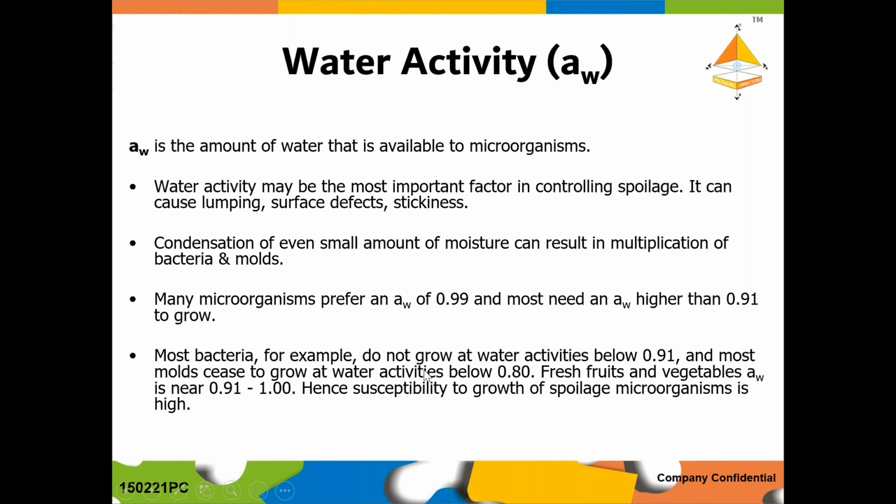Most of the bacteria, for example, do not grow at a water activity below 0.9, and most molds cease to grow at water activities below 0.8. So this gives us some clues. Fresh fruits and vegetables have water activity between 0.91 and 1, which means they are more susceptible to growth of spoilage microorganisms.